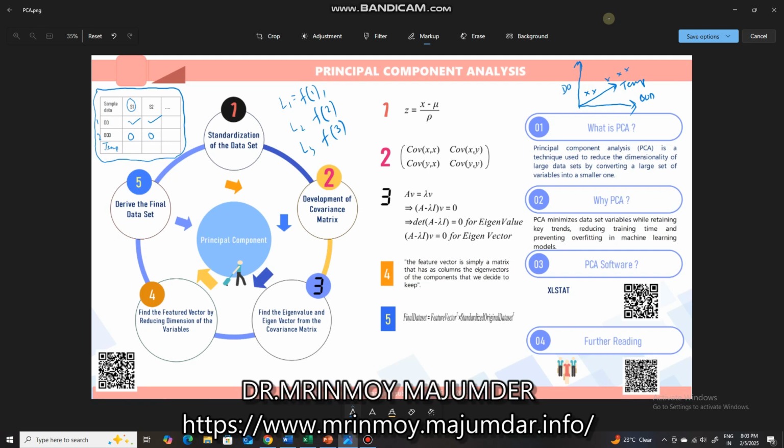Because if for S1 you have only DO, then you can say that S1 sample's dissolved oxygen is this. So if it is higher, then it is oxygenated water, so it is good. If it is lower, it is non-oxygenated water, it is bad.